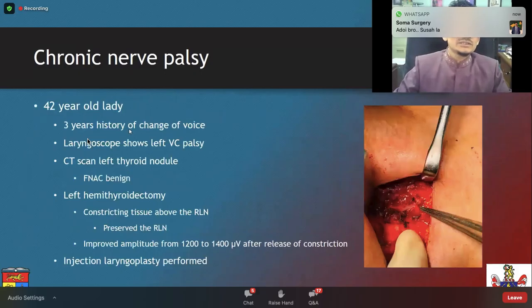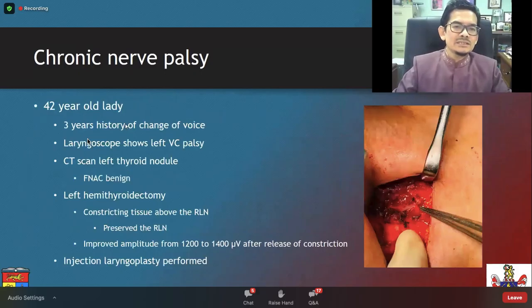The last case is a 42-year-old lady with a 3-year history of change of voice. She presented in the last 3 months to seek medical treatment, and at that time the laryngoscope showed left vocal cord palsy. They did a CT scan and found a left upper thyroid growth, and the node was benign. So we proceeded with hemithyroidectomy. We found the nerve.